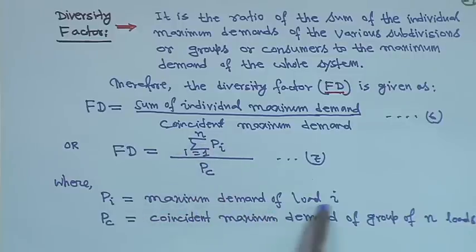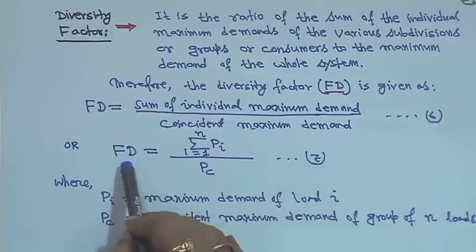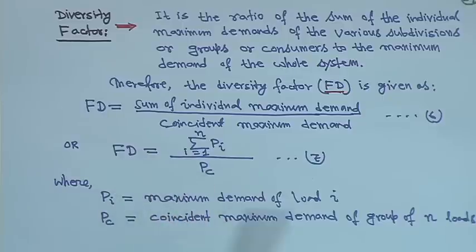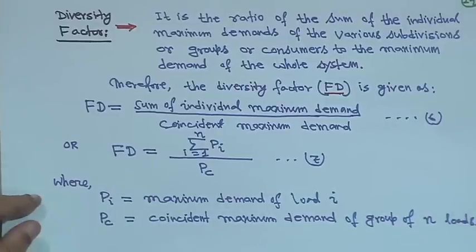Pi is the maximum demand of load i, and Pc is the coincident maximum demand of the group of n loads. So, this is equation 7. For diversity factor we use the term FD, not DF, because demand factor DF was used earlier. This is your diversity factor.